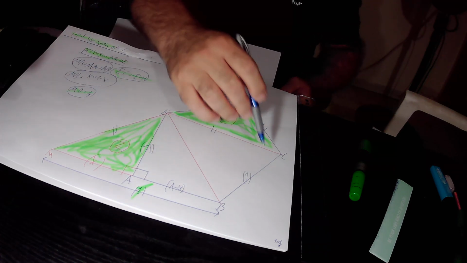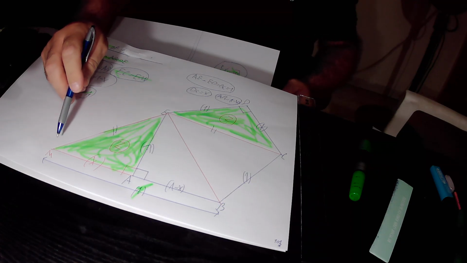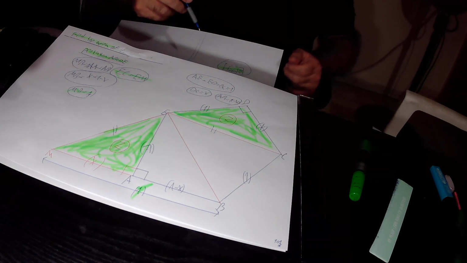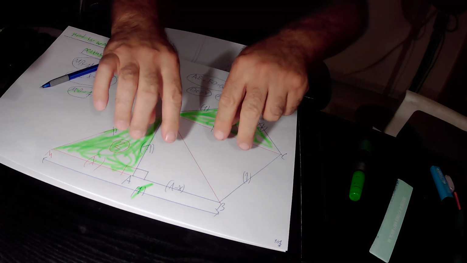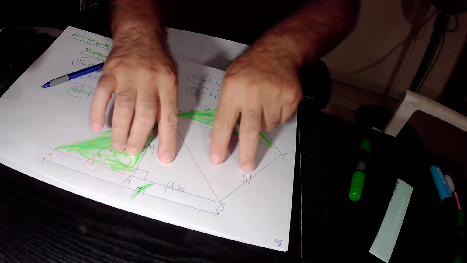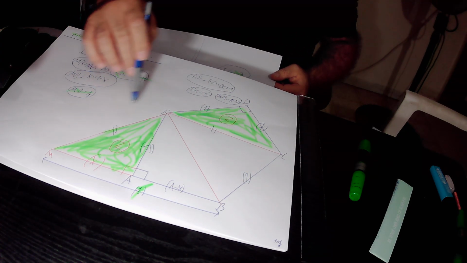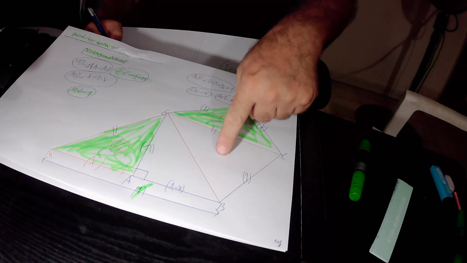Quadrilateral EMBC consists of two shapes: triangle EMB and triangle EBC. So the area of quadrilateral EMBC must be equal to the area of triangle EMB plus the area of triangle EBC.